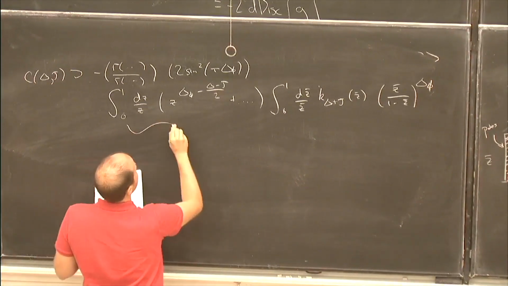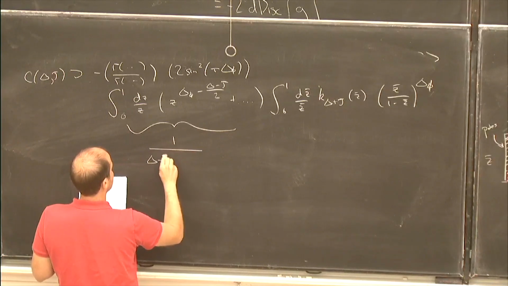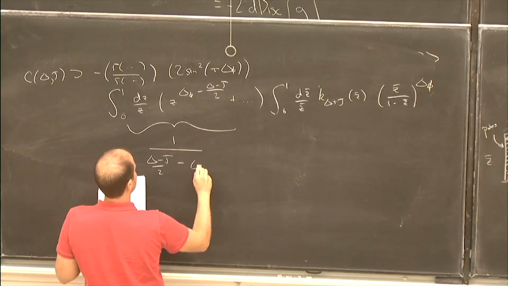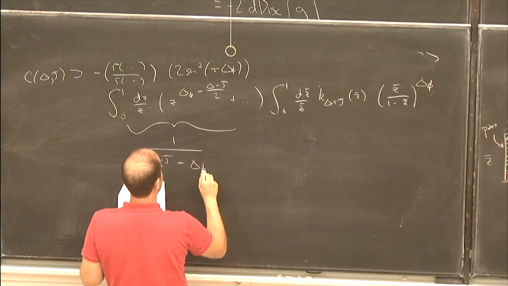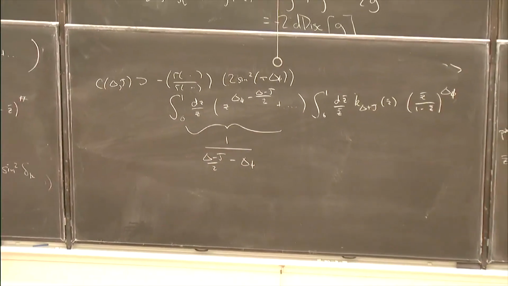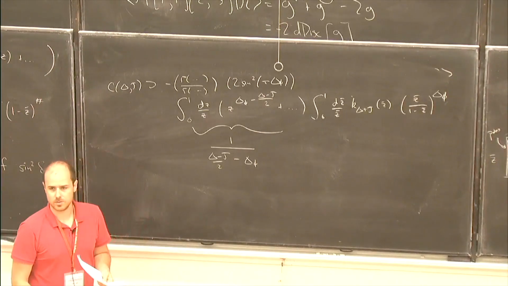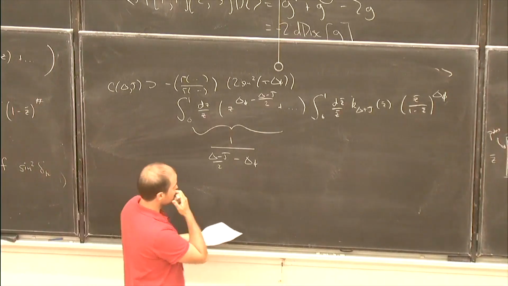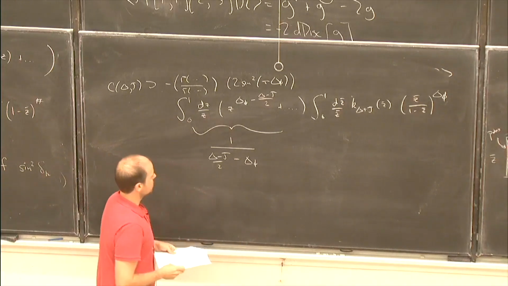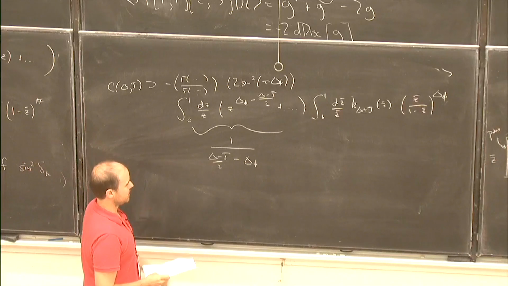This integral over z produces a pole at delta minus j over 2 is equal to delta phi. This exactly corresponds to double twist operators, the ones we talked about last time. It shows you that at very large j, the correlator is dominated by double twist operators.